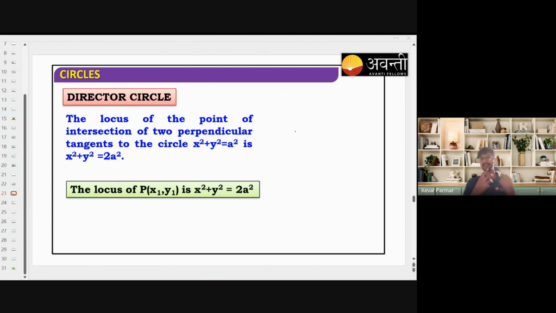Now, what is meant by director circle? Let me explain it to you. So, let's say you have a circle and this is the point from where tangents are drawn. So, obviously, from this point, two tangents are possible.